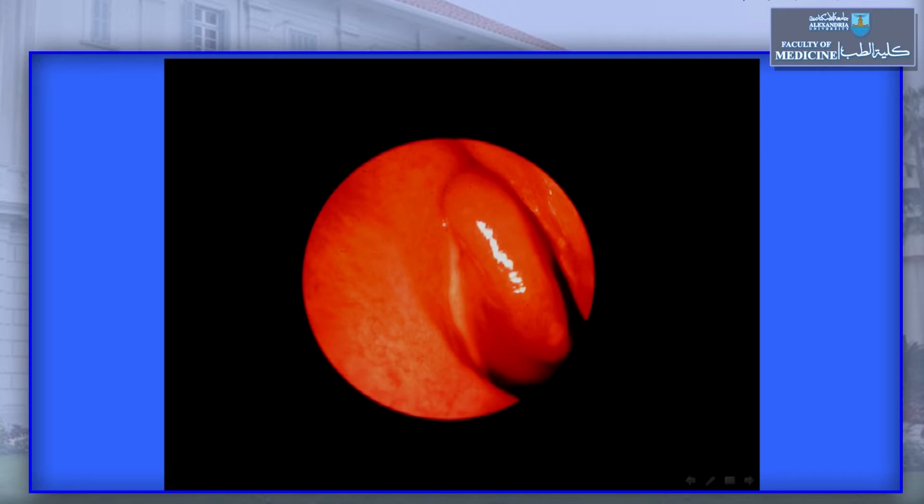We can observe the nasal mucosa to be fiery red in color, as well as obvious swelling of the nasal mucosa. There is tenderness over the involved sinuses, and the hallmark of the examination is the presence of mucopurulent discharge in the nasal cavity or in the meati.